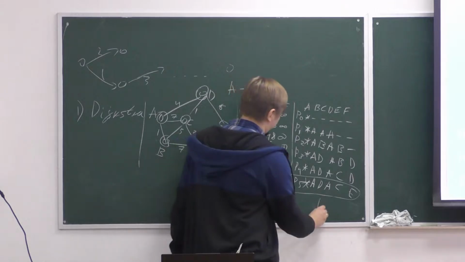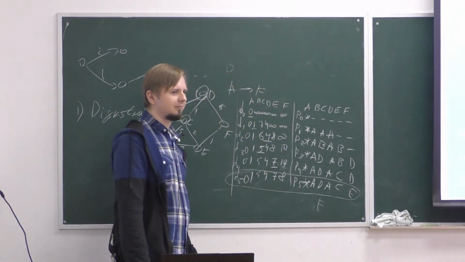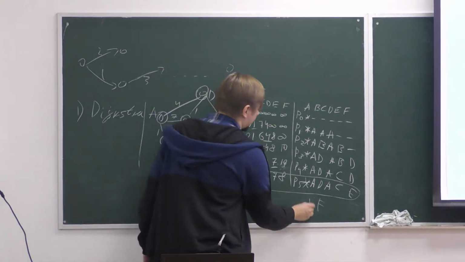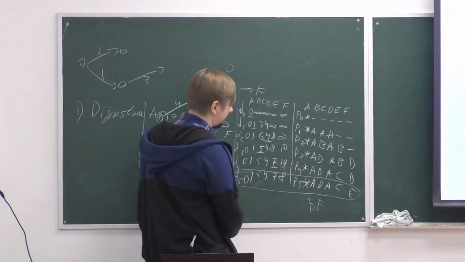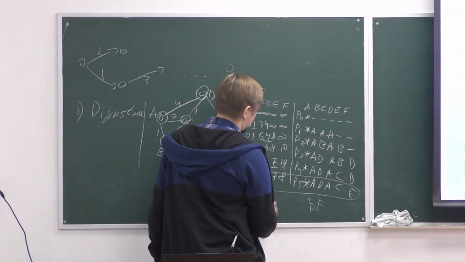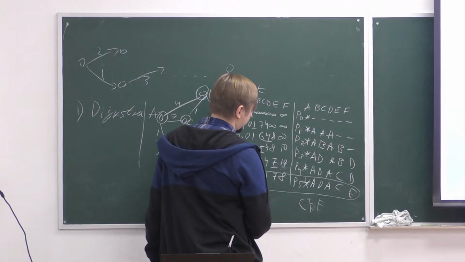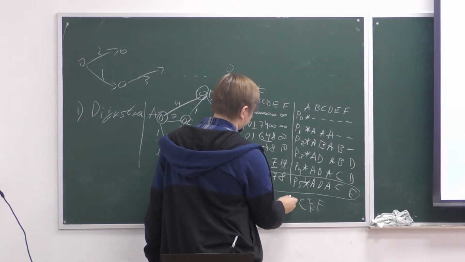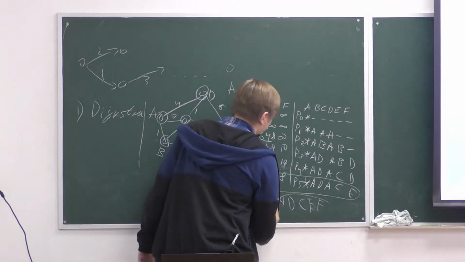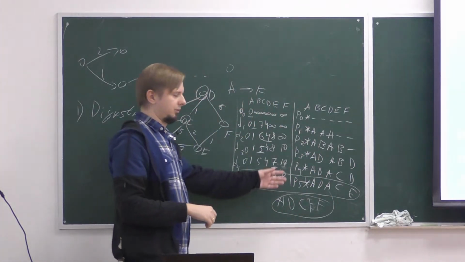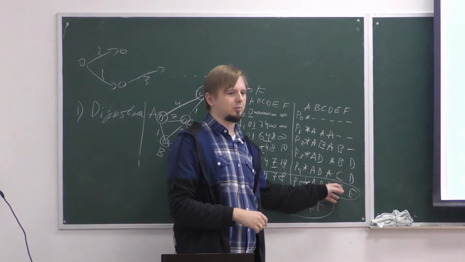The last one will be F, then E. Yes, so this will be the shortest path. It's very easy to construct it from this.